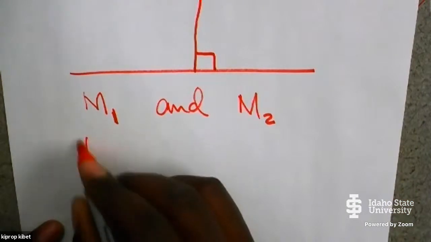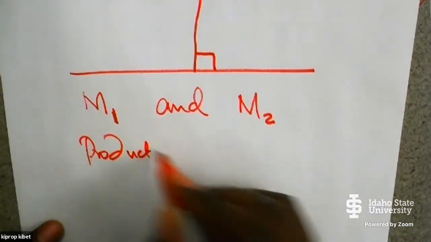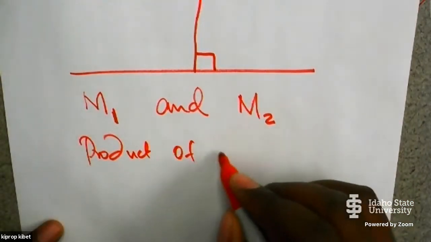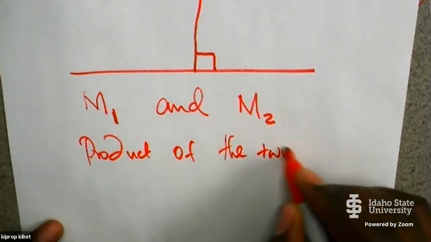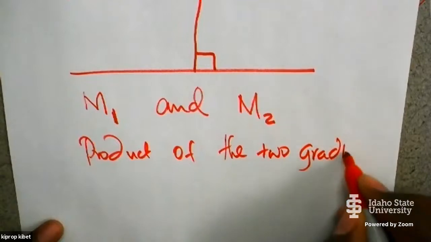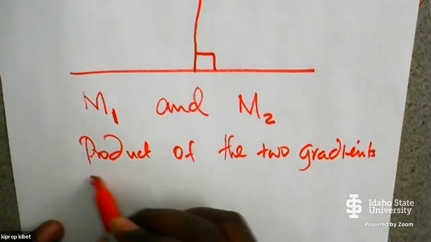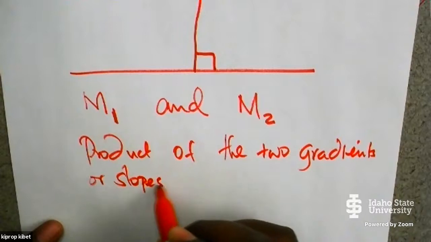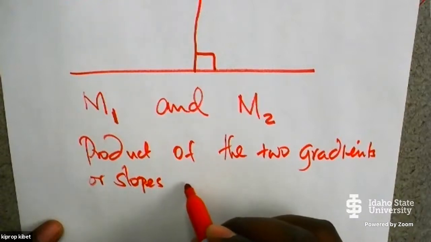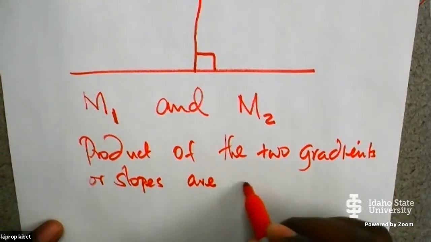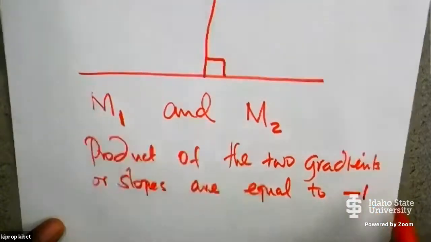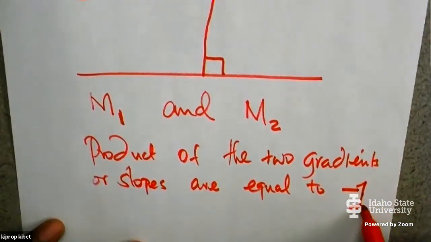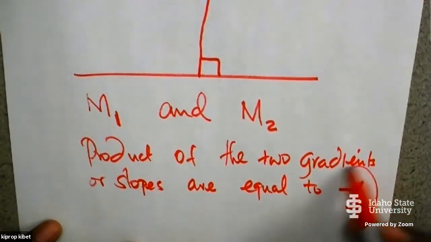The product of the two gradients or slopes is equal to -1.